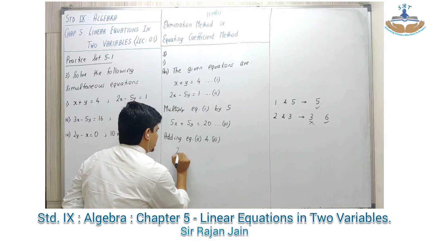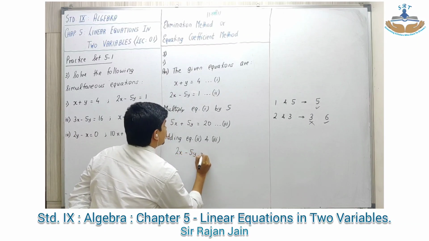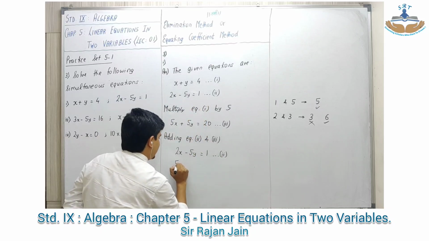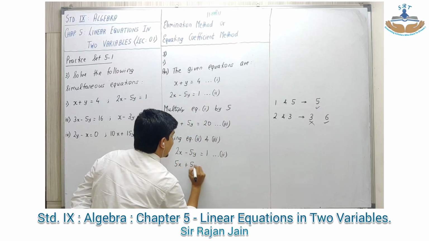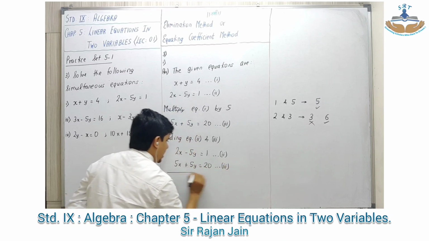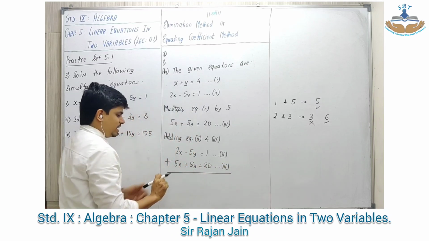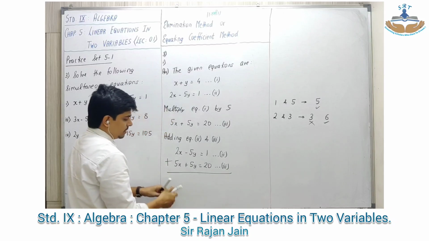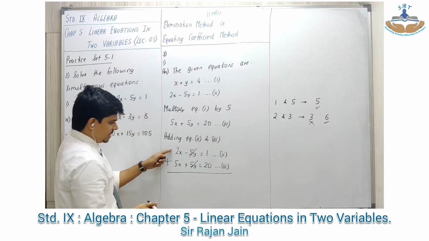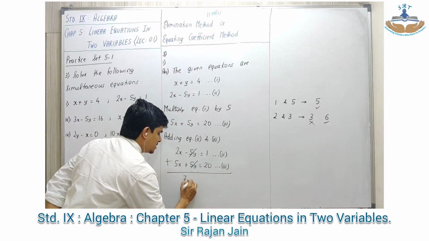If I add equation 2 and 3, I'll get 2x minus 5y equal to 1. This is your equation 2. Then 5x plus 5y equal to 20. This is your equation number 3. And when I add the two equations, what will I get? Look here, minus 5y plus 5y will cancel. What remains? 2x plus 5x will give you 7x.